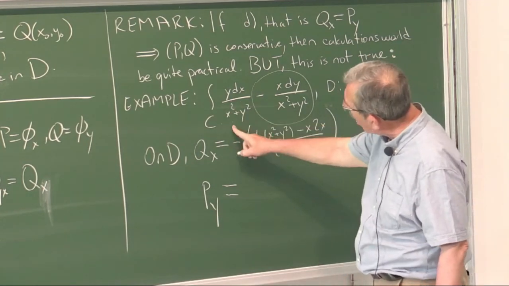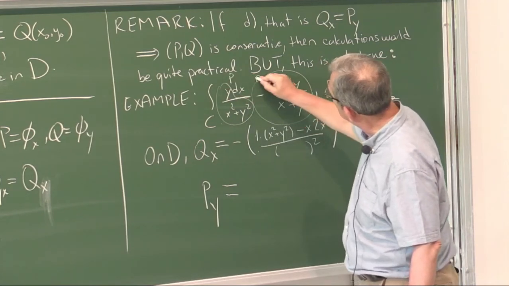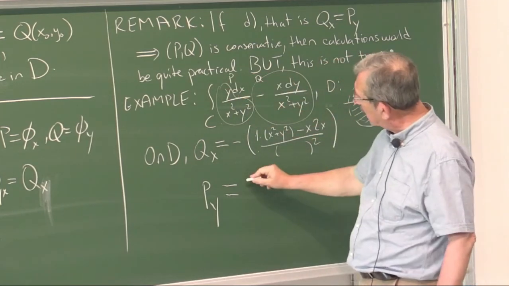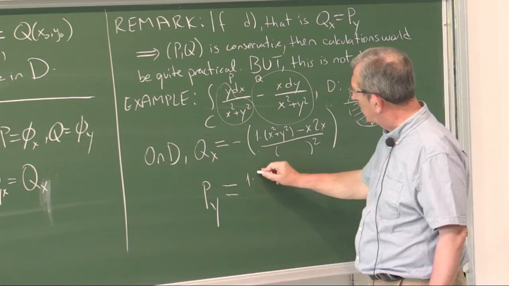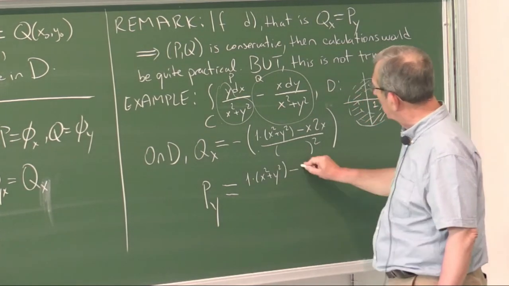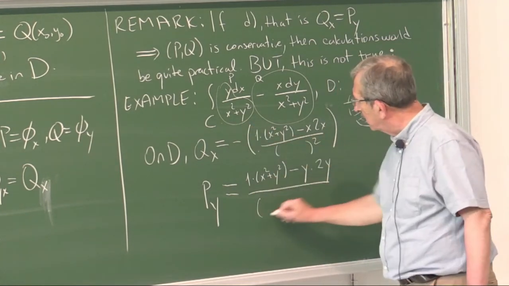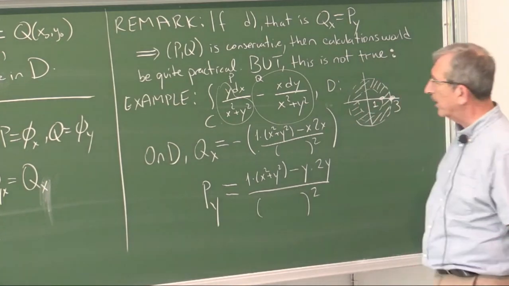Now, P sub y, this is P, would be the derivative of y times x squared plus y squared, minus y times the derivative of the bottom part, over the parenthesis squared.